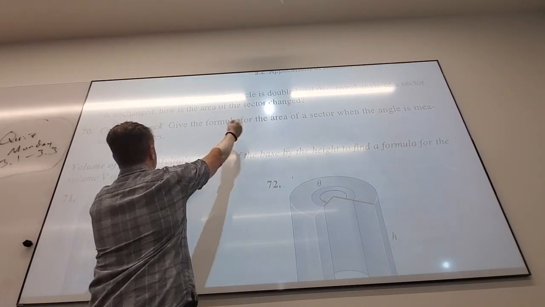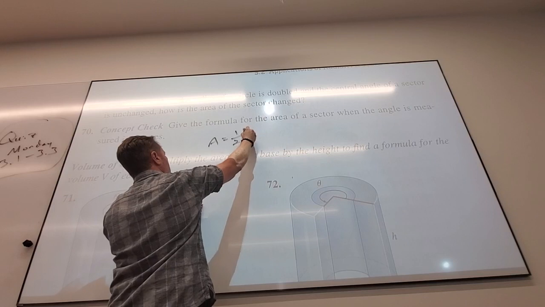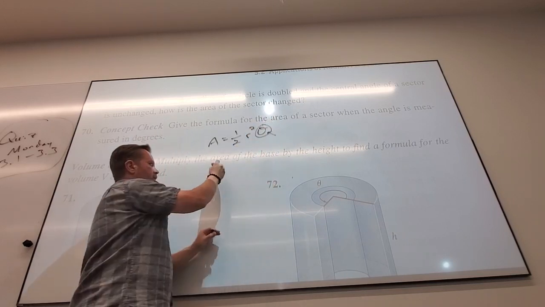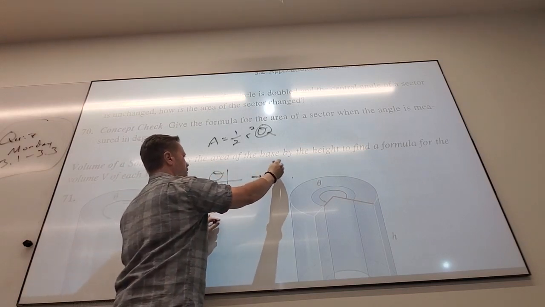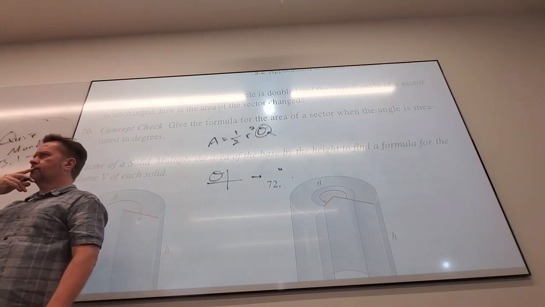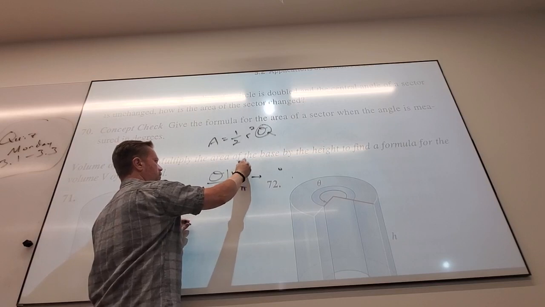What's the area formula? Just the standard area formula. 1/2 r squared times theta. Good. And that's assuming this is in radians. Yeah. So if this is in radians, how do I change it to be degrees? Pi over 180? No? 180 over pi. Yeah, I want the radians to cancel, and I want to make it into degrees.